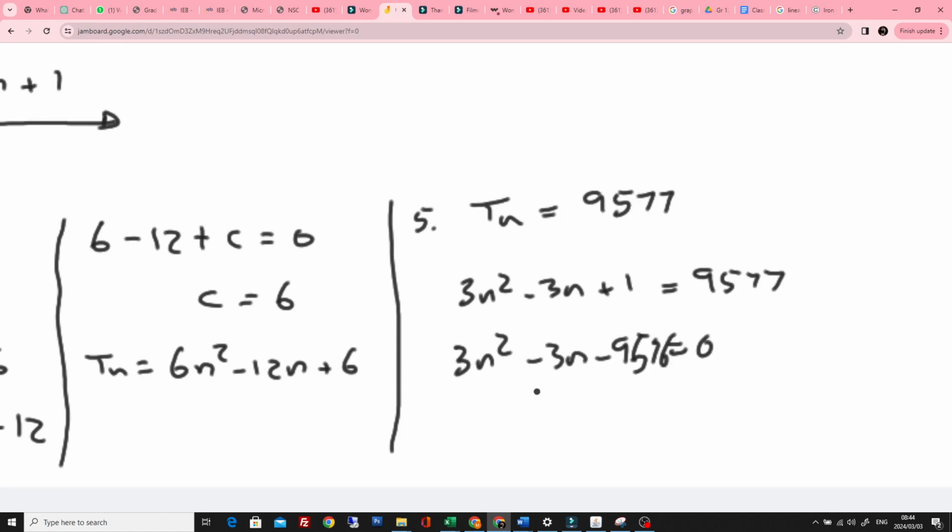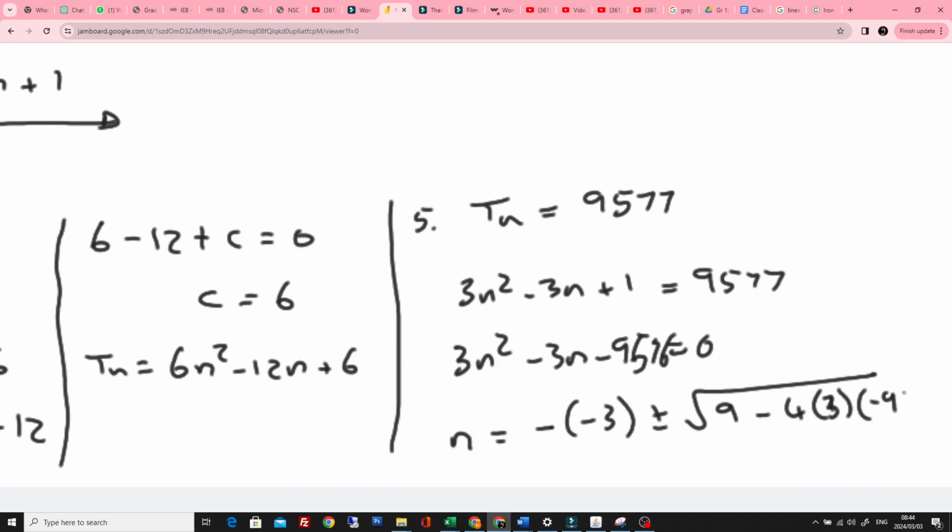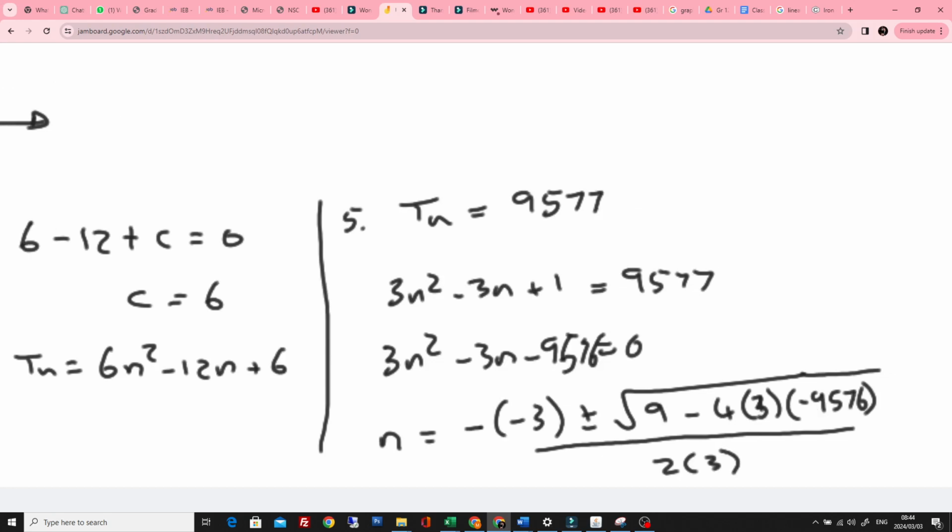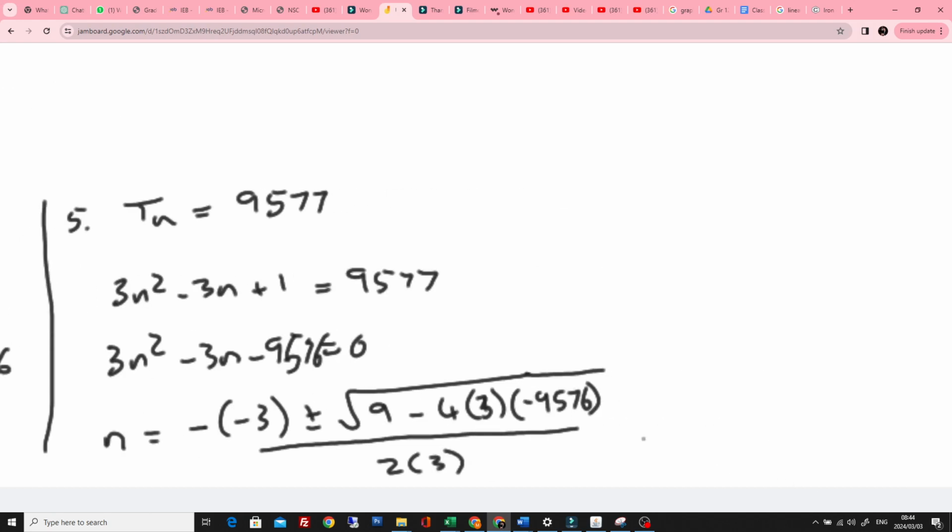And we can do the quadratic formula and say n must be equal to minus b plus or minus the square root of b squared minus 4 times the a value, which is 3, times the c value, over 2a, and we can plug this into a calculator and get an answer.